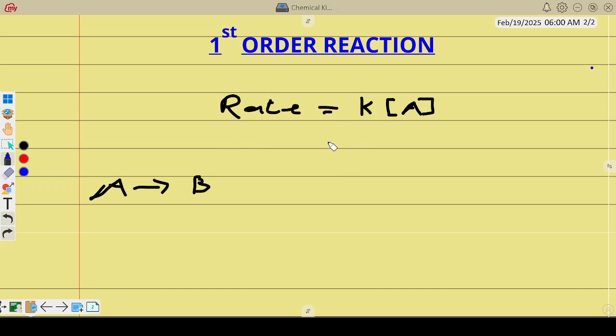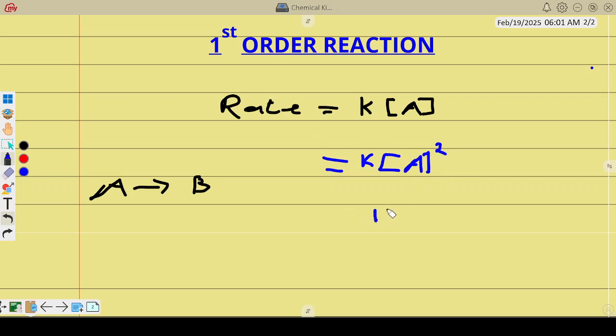In the second order reaction, rate would be equal to K, and then the concentration of A raised to the power 2. That is the second order.